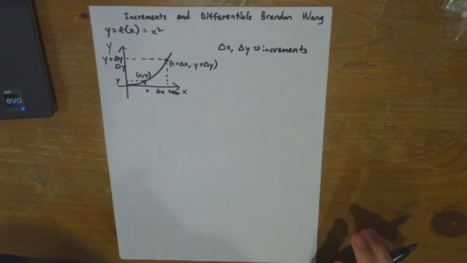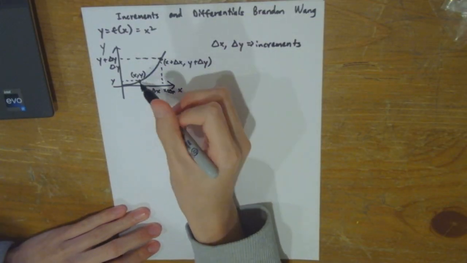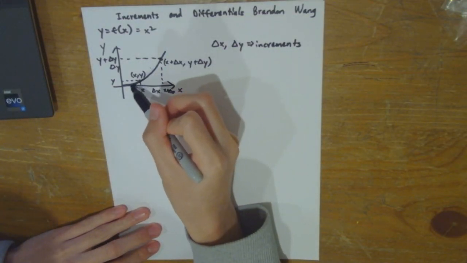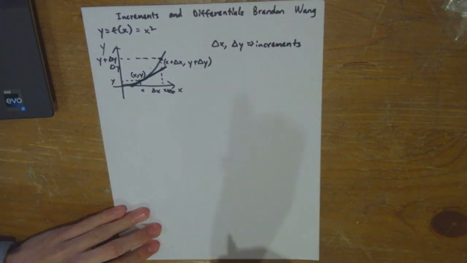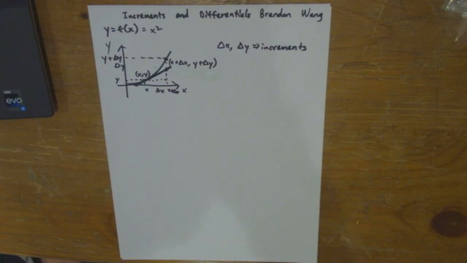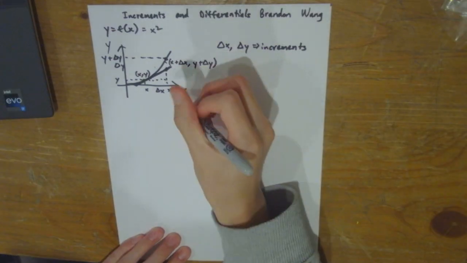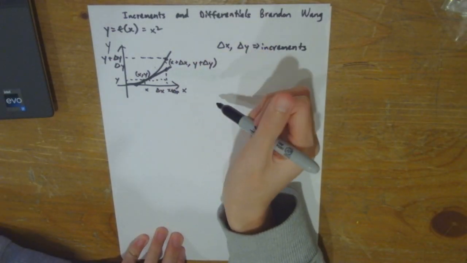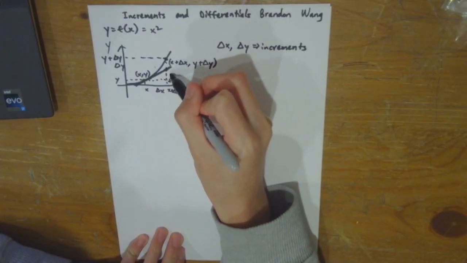And we know that the derivative of a function is equal to the slope of the tangent line at that point. So let's draw the tangent line at x, y. So the distance between f of x and this point is called dy.